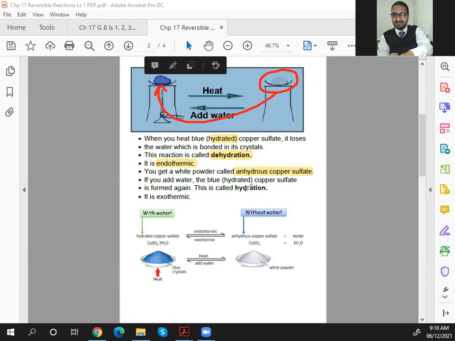This formation again is called hydration. What does it mean? You are adding water. So up to here, my dear students, if you have any question, you can raise your hand, otherwise type no in the chat, about hydration and dehydration. Is it very clear? So easy?